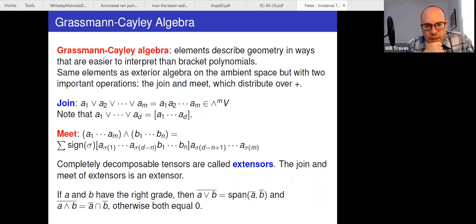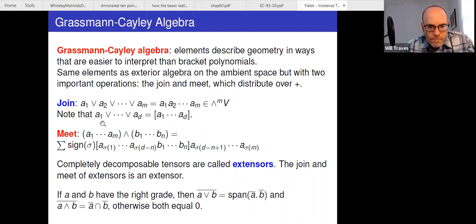The Grassmann-Cayley algebra has the same elements as an exterior algebra, but they have two operations, the join and the meet. If you've got a bunch of vectors in a vector space V, then you can take their join, and that's just taking their usual wedge product, their usual product in the exterior algebra.